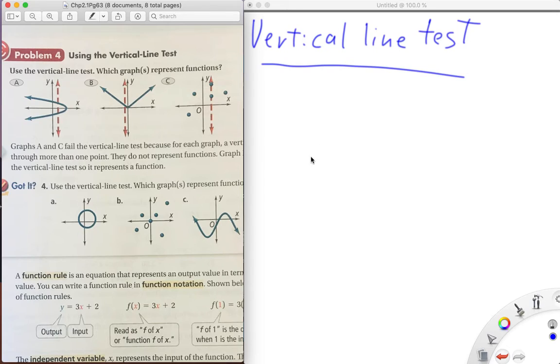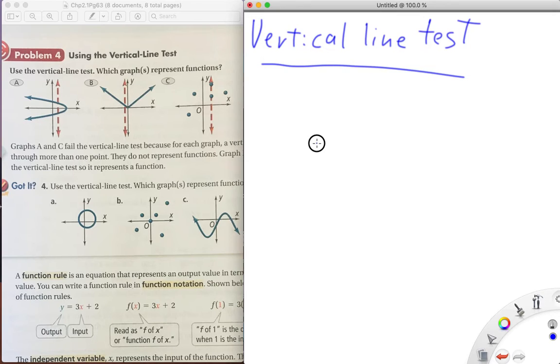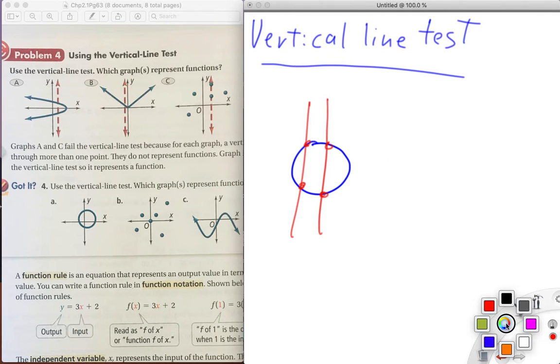And if we look at a circle for guided letter A, and we do our vertical line test, that's not really vertical, neither is that. But they cross twice across the relation, so that would be no, not a function. Then we have this one over here.